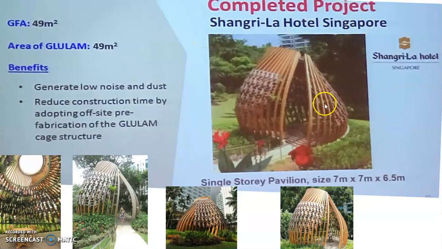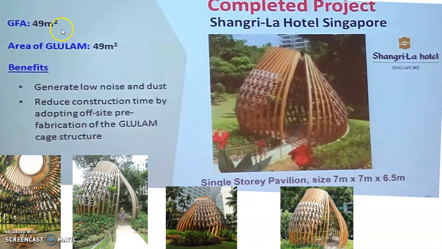Shangri-La Hotel Singapore also used mass engineered timber to create a pavilion that looks very interesting because of the shape. It's shaped like an onion, and the timber components need to be bent in two different directions in order to achieve this particular shape. So the design is actually a three-dimensional design, and the timber components curve in two directions.